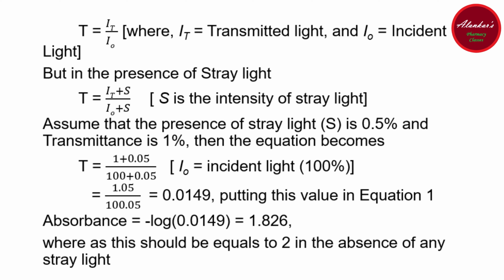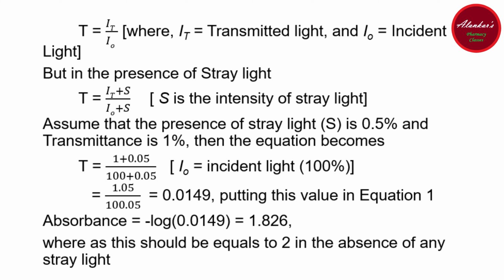This equals 1.5 divided by 100.5, that is 0.0149. When we put this value in equation 1, the absorbance will equal the negative of the log of 0.0149, which is 1.826.